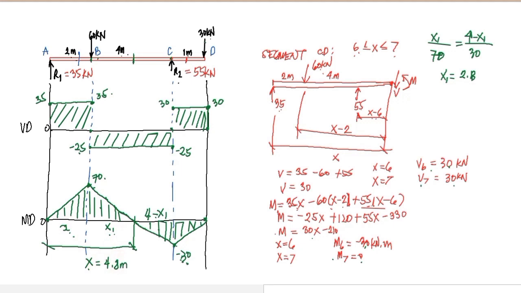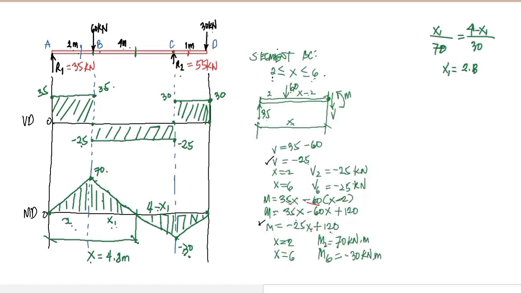So ito yung sagot natin na location ng zero moment or the point of inflection. Now, if we go back, we have here the zero moment at the segment BC. So ibig sabihin, kung babalikan natin yung moment equation natin, we have here moment is equal to negative 25 x plus 120.